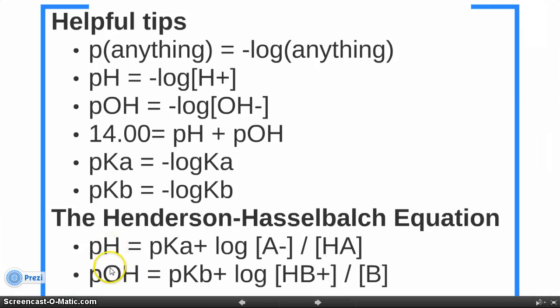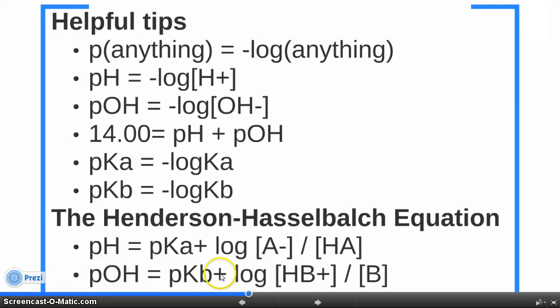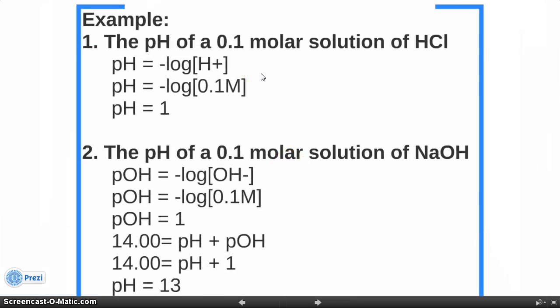And so is the pOH, but instead it would be the base and the conjugate acid, and pKb, not pKa. These are examples of how the helpful tips work.